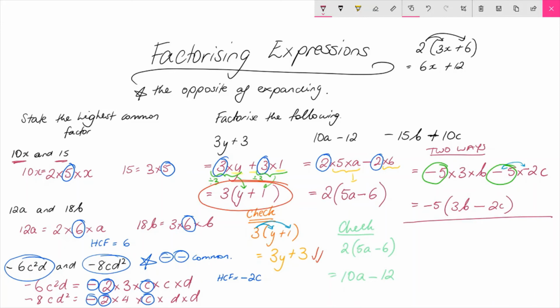The other way, and this is where maths gets a bit weird, because you can do things in multiple ways and have them look different, but they actually mean the same thing. So if we start off from the beginning, negative 15b plus 10c, we could write this as 5 times by negative 3 times by b plus 5 times by 2 times by c.